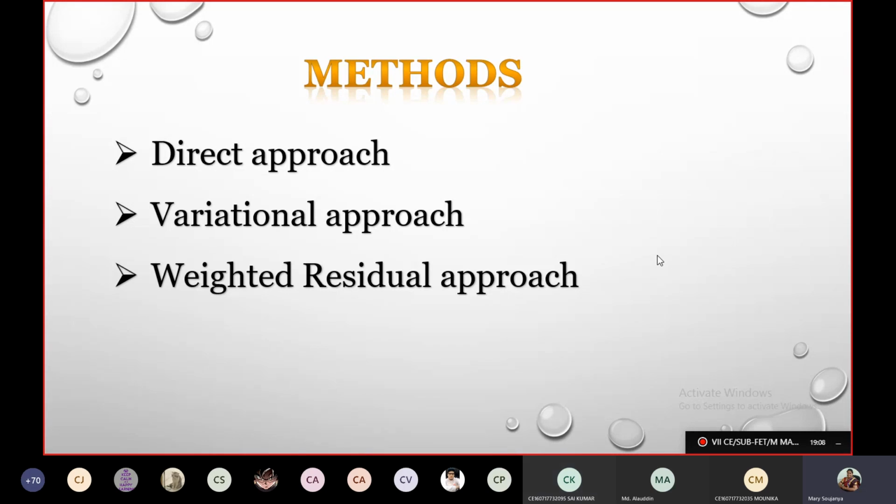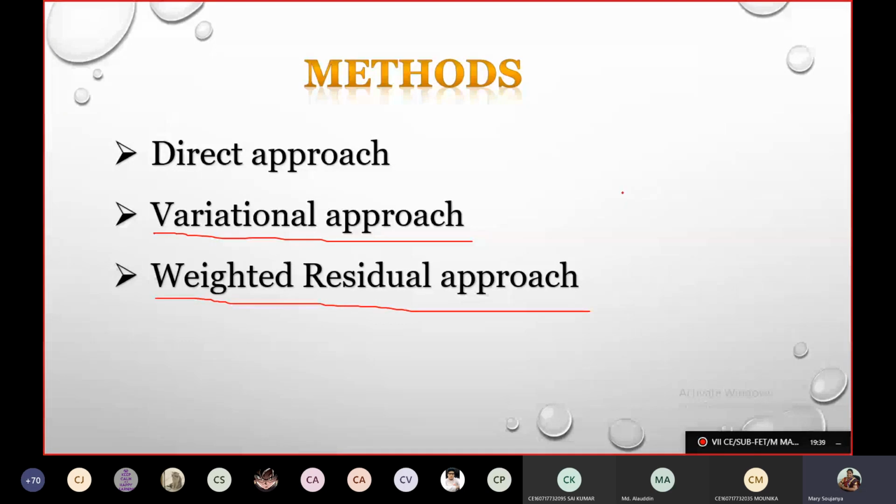All right. We'll continue. In our syllabus, the Rayleigh-Ritz method and Galerkin's method are the two methods specifically mentioned. The Rayleigh-Ritz method comes under the variational type of methodology for formulating, whereas Galerkin's method comes into the weighted residual approach.